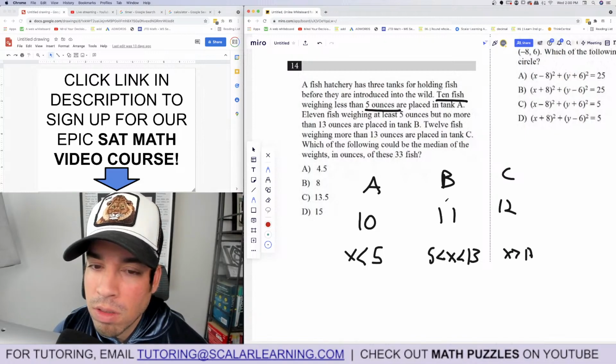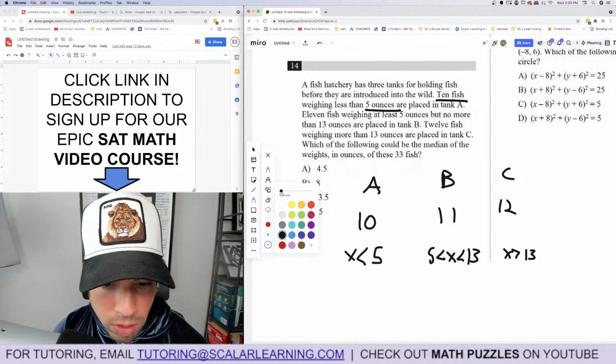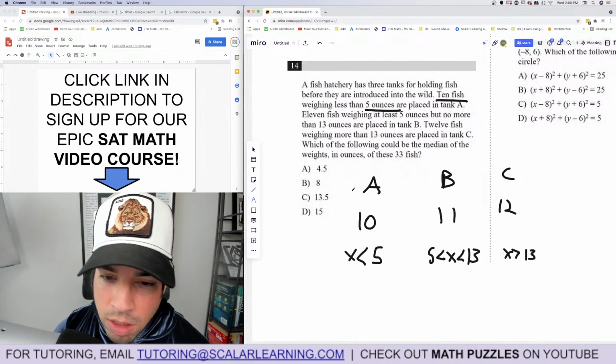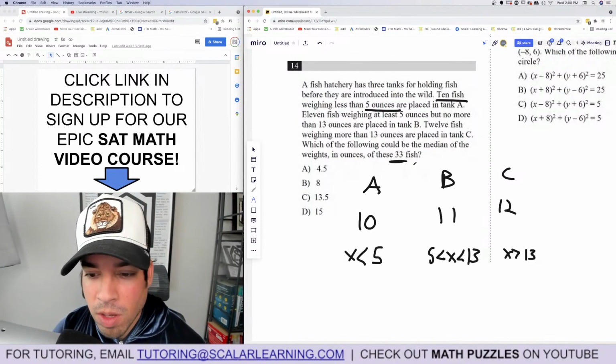Which could be the median? Oh, got it. Median. All right.